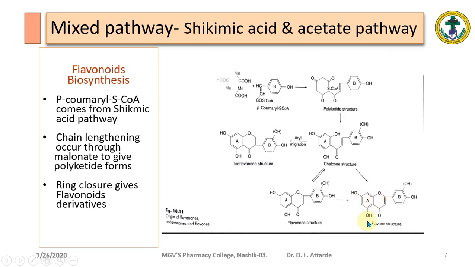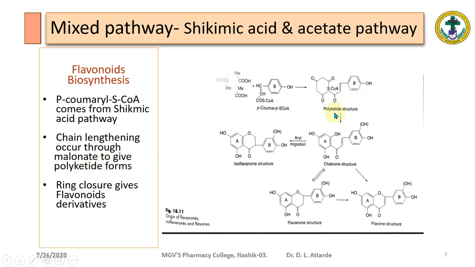Ideally these 2 parts, A ring and this furan, form a benzofuran. This is one part of your flavonoid. So when we deal with flavonoid chemistry in detail, we can understand this much better. But here try to understand how one part comes from shikimic acid, giving you a C6, C3 type of compound. With enzyme binding, it gives you this form, and chain lengthening occurs through malonate to give the polyketide forms.